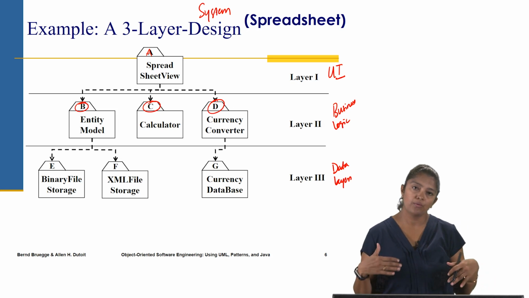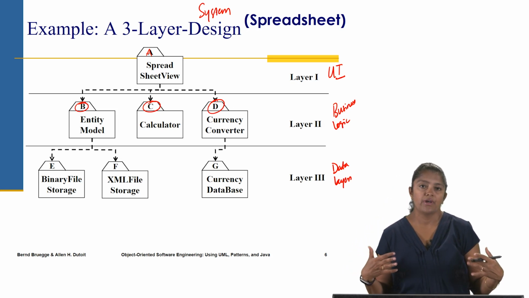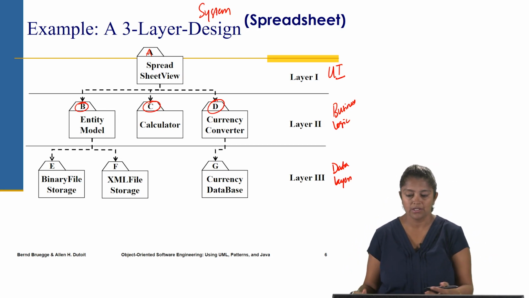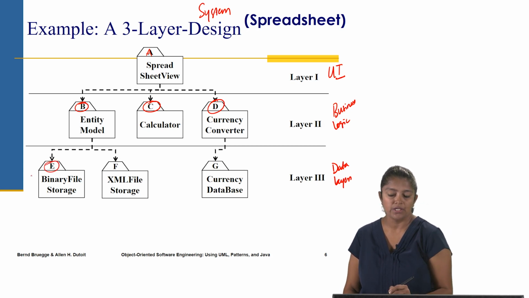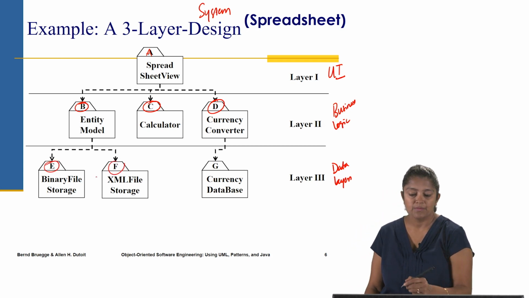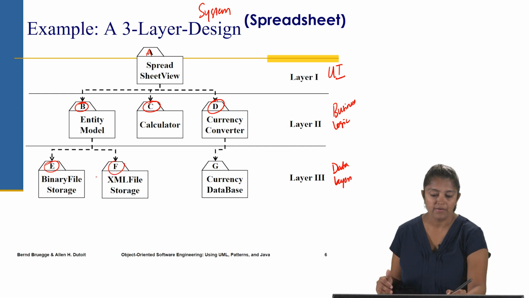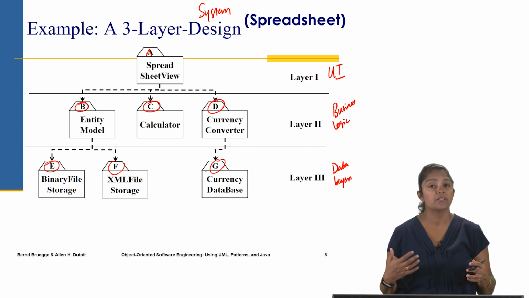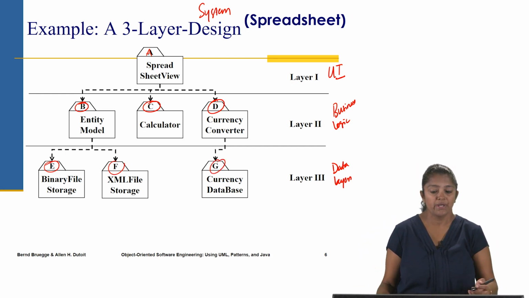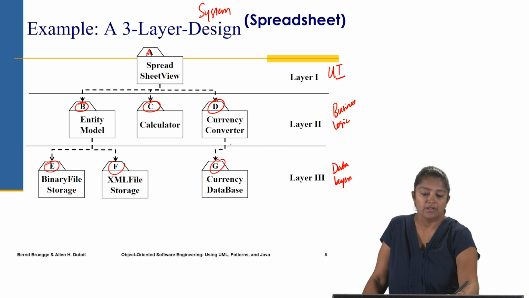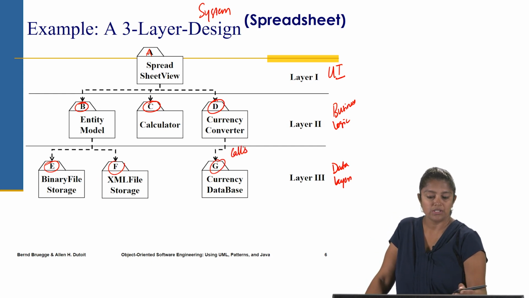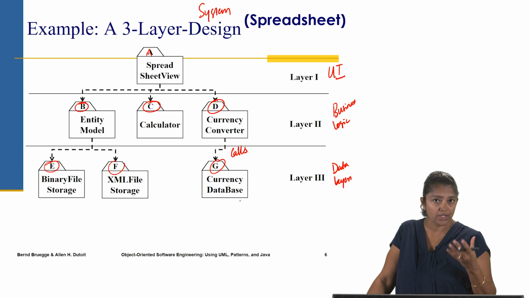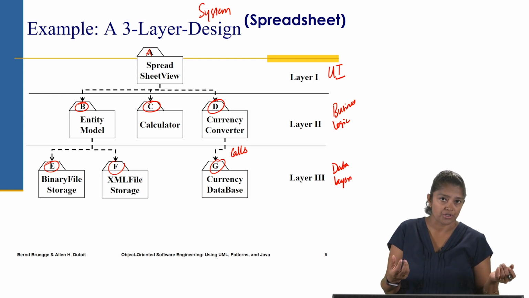And then in the lowermost layer, layer 3, we have things related to the data. The binary file storage is subsystem E, XML file storage is subsystem F, and then a currency database is subsystem G.